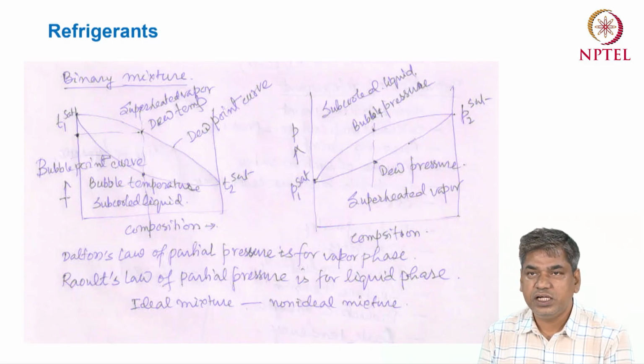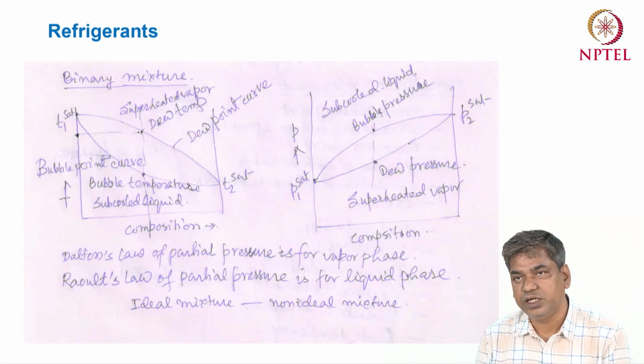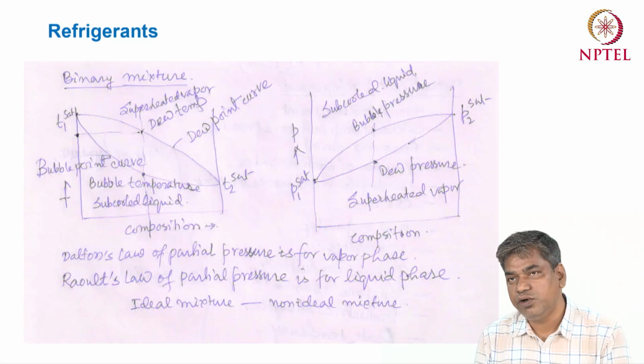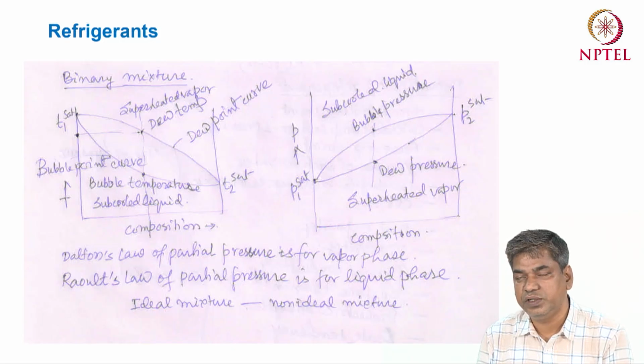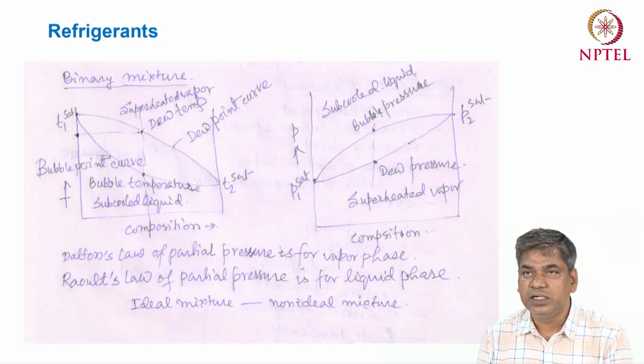Similarly, if you draw the same thing with respect to pressure and composition, P1 is the saturation pressure for fluid 1 and P2 is the saturation pressure for fluid 2, and for any other composition you will see that one is the dew point pressure and the other is the bubble point pressure.